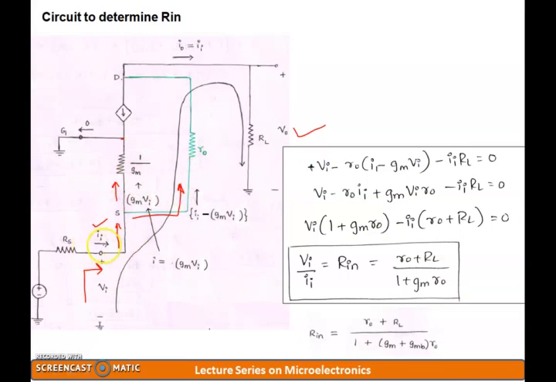Now let's say Ii is the input current, and the current that enters 1 over gm, what is that current? It is nothing but the gm times VGS current. So this current that I can see in this path is nothing but gm times VGS. Usually when we say gm times VGS, it is not exactly gm times VGS, it is actually gm times Vi.